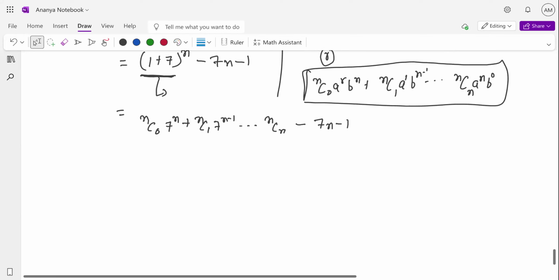Let's calculate this part. What is this? Not this actually. If you see, this is nCn, right? Before this, there's something called nCn, okay.